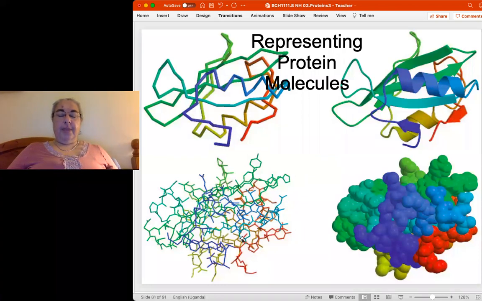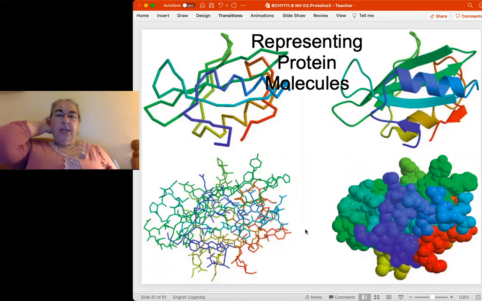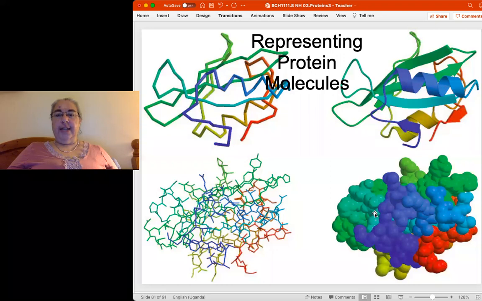Okay, so as we finish, I thought I'd say a few words about looking at diagrams of proteins, about the different ways that you see protein molecules represented. So here are 4 different common types of representation of the same protein.